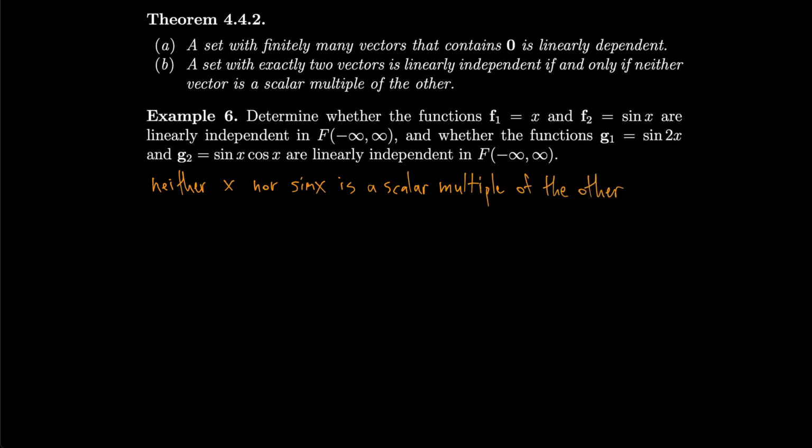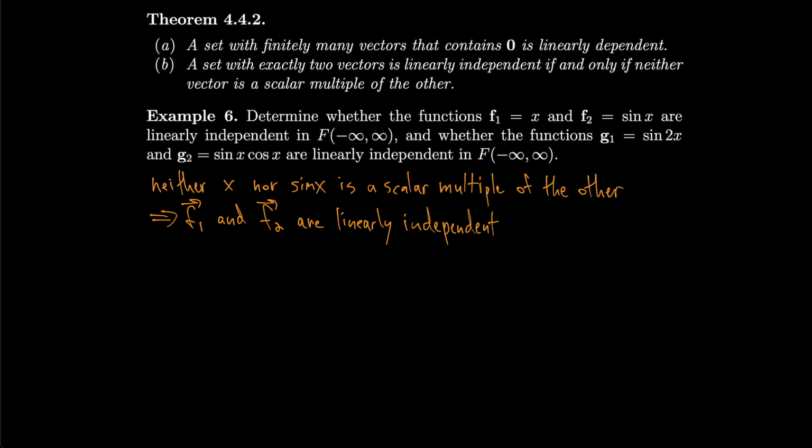But that means that just right over here, neither is a scalar multiple of the other, so that means that they're independent. So f1 and f2 are linearly independent.